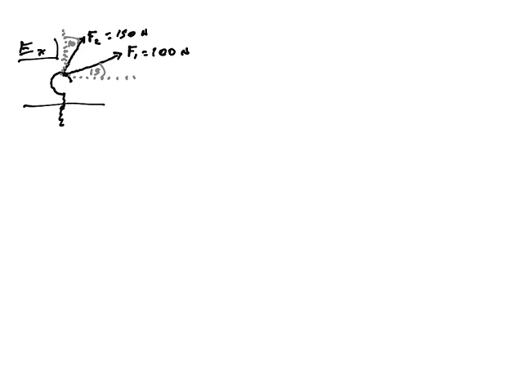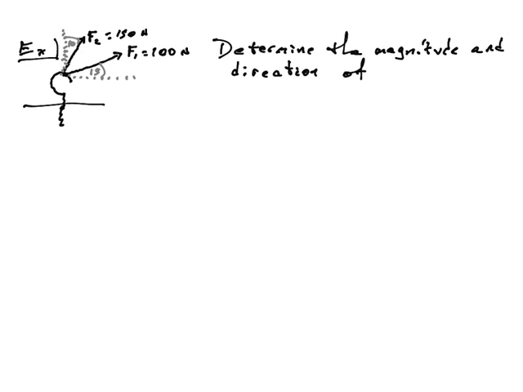For this example, I want to determine the magnitude and direction of the net force. Okay. So again, I've got this kind of hook screw that's been screwed into the ground, and then there's 2 ropes coming off of the hook being pulled on.